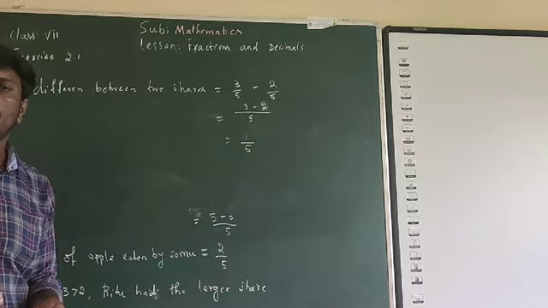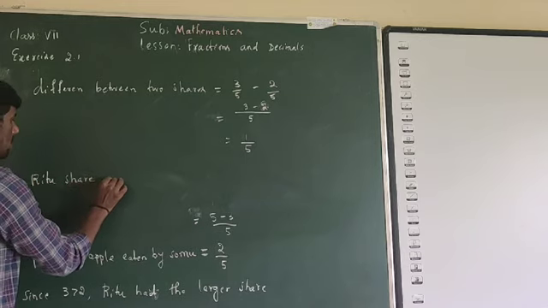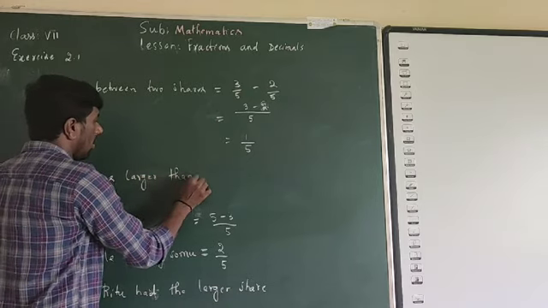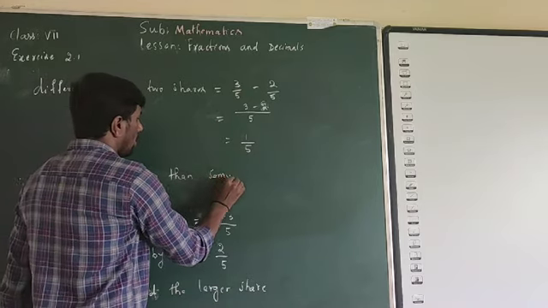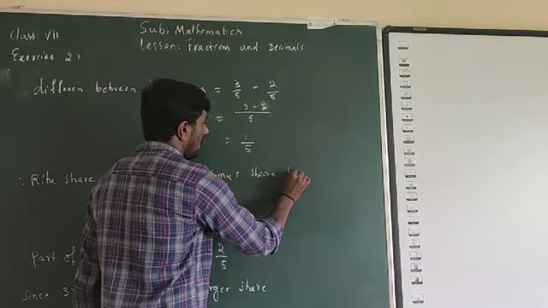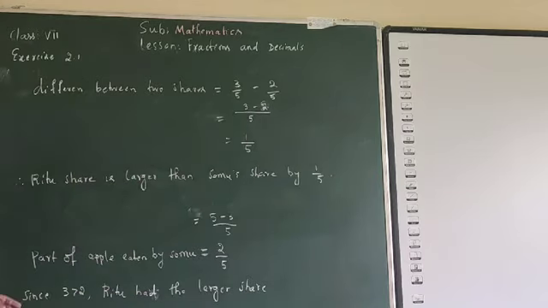Her share will be 1 by 5 more. So Ritu's share is larger than Somu's share by 1 by 5.